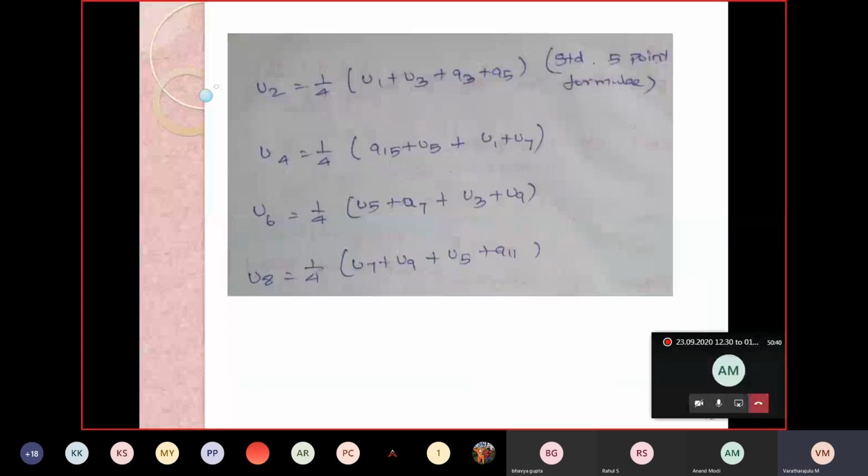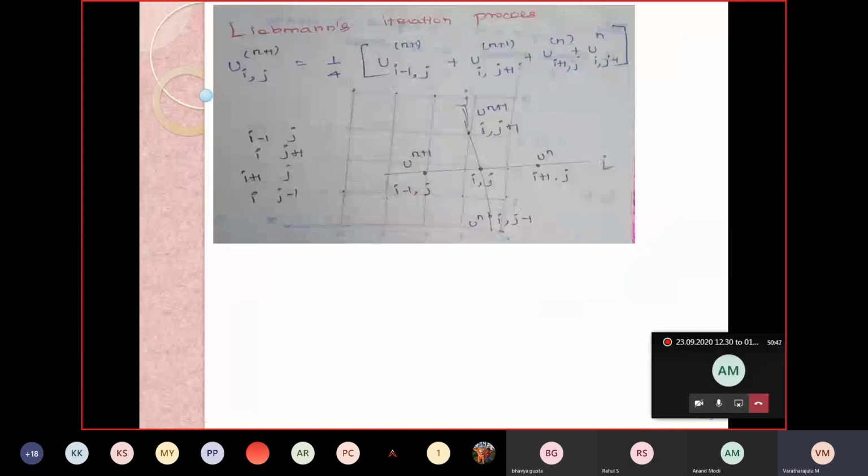Once we are familiar with the standard 5-point formula and diagonal 5-point formula, then this is Liebman's iteration process. Why do we need Liebman's iteration process? This formula we will visit while solving the problem. We will revisit Liebman's formula. Why? What is the need to have such a formula?